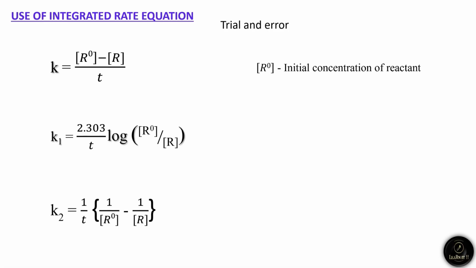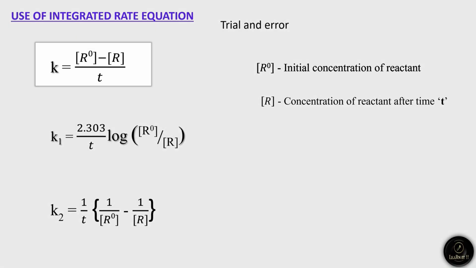We have the kinetic data for a certain reaction. We have the initial concentration of the reactant, and after certain time it changes to a certain concentration, indicated like concentration of R. So this initial concentration, that is R0, and concentration R at time t, are put into the integrated rate equation for zeroth order reaction. So we get a certain value of K.